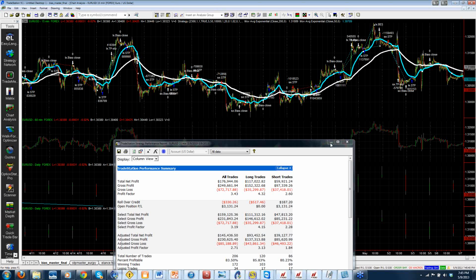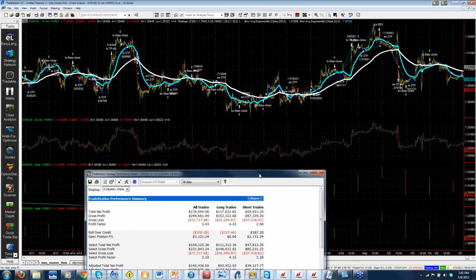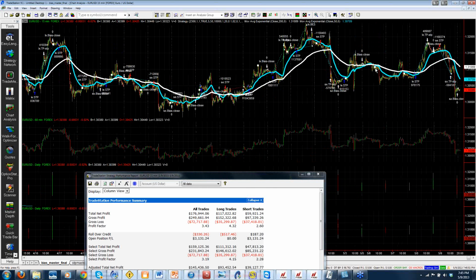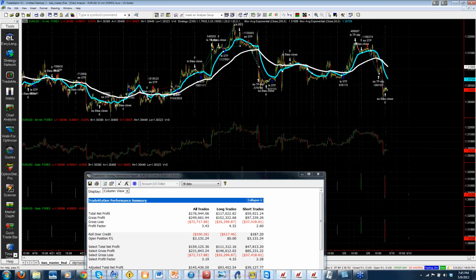So every day that we have price movement, every day that we have a bias, we take a trade. Now, on the days that we do not have a bias, you'll notice that there are days in here that we do not take a trade. So if you look right here, there's no trade being taken. And if you look right here, there was no trade taken either.